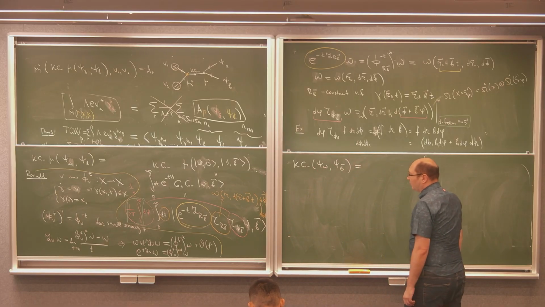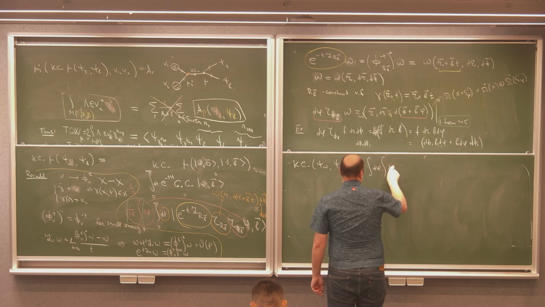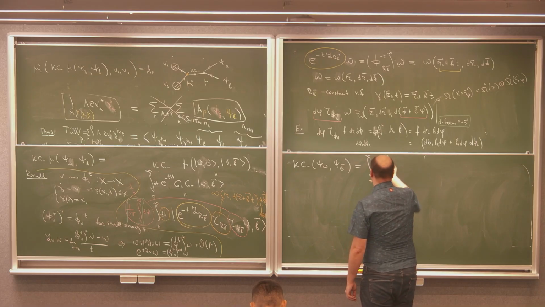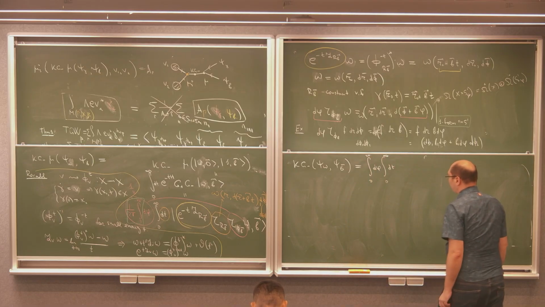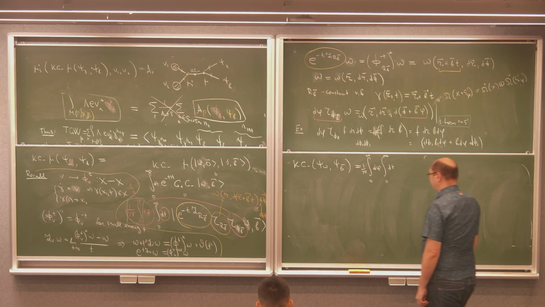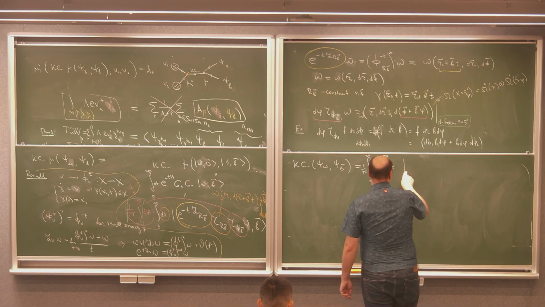And what we got is the following. We got a double integral over d phi and dt, one from 0 to infinity, and another over the circle, with a numerical factor 1 over 2 pi. And here we got the following expression.